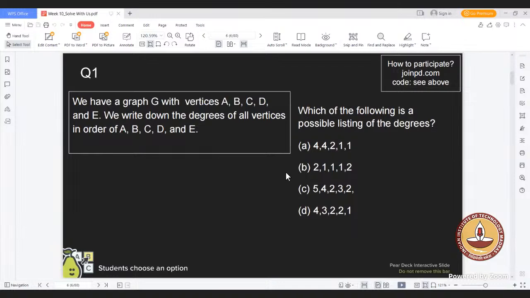Okay. So after getting the answer, you can just post it in the chat box.